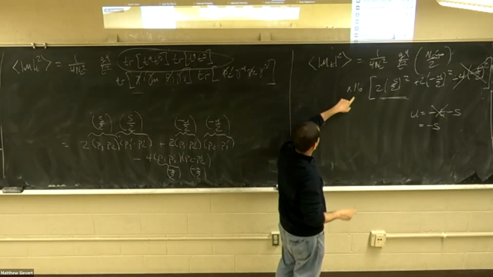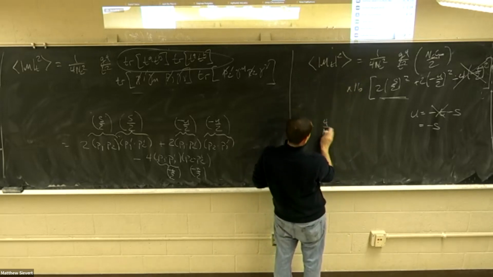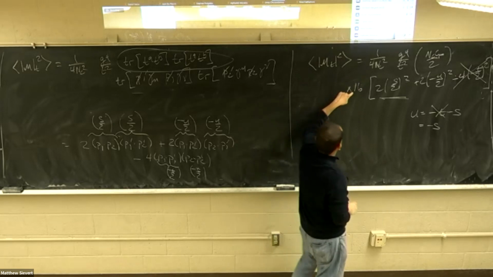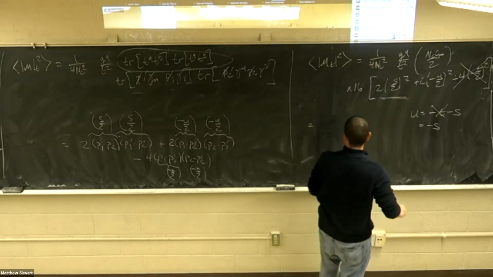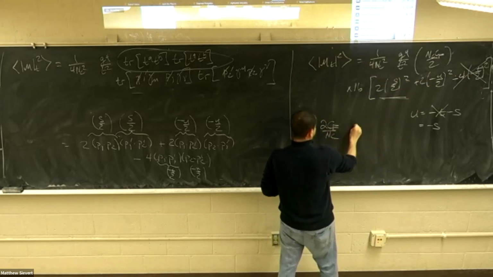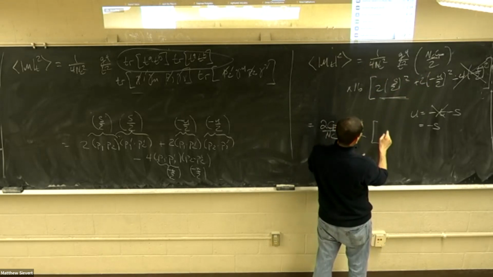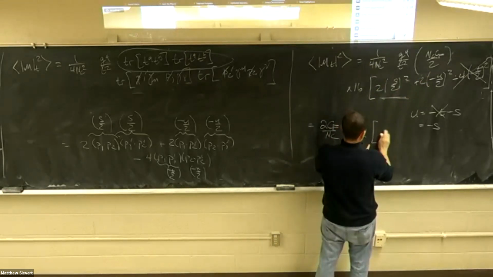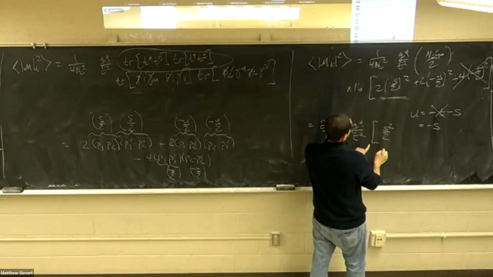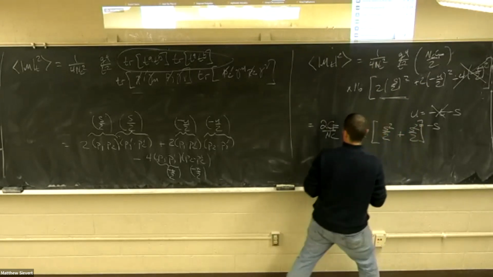Now I put everything together. I've got the 16 and the 4, so that's 4 times, I've got 4 from this and another 1/2 there, so that's 2 CF over NC, g to the 4th over T squared, and then I'm left with S squared over 2 plus another S squared over 2.